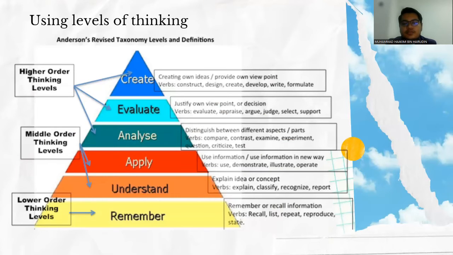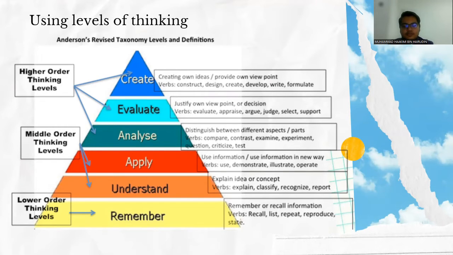The next part is using levels of thinking. The first one is create, which is the high order of thinking levels. We create our own ideas or provide our own viewpoint, and the verbs are construct, design, create, develop, write, and formulate.